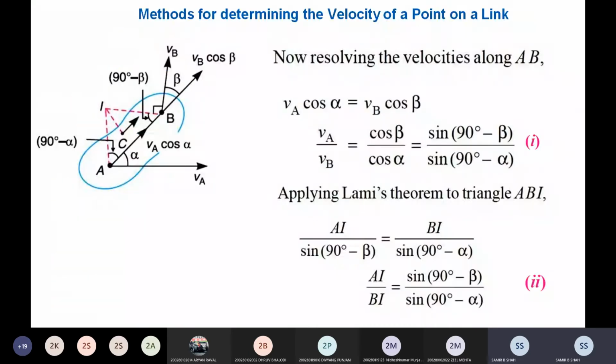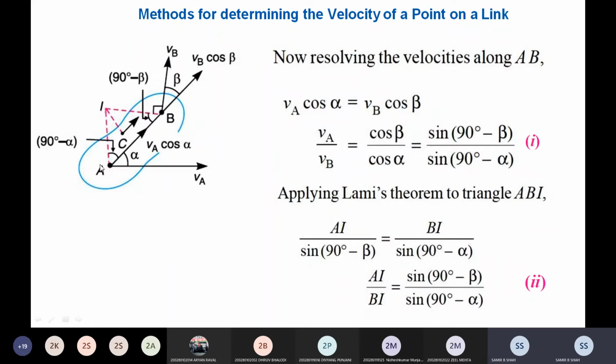So you can see the first equation and the second equation. The second equation we get from Lami's theorem, which we apply to the ABI triangle, as you can see here.